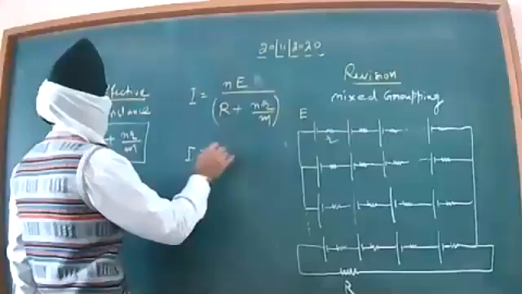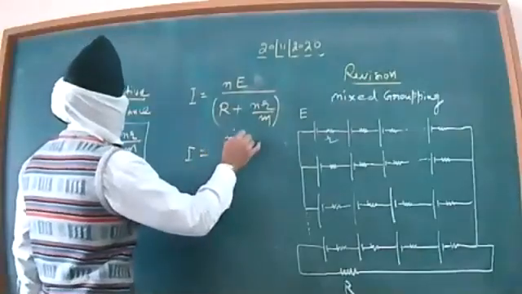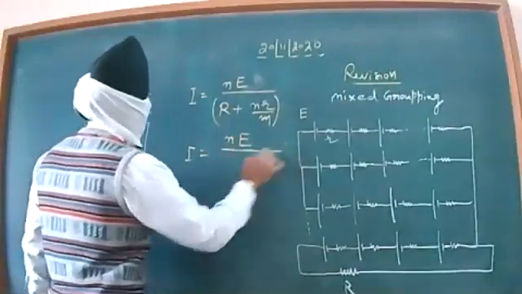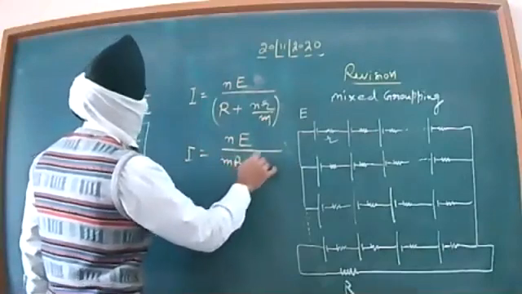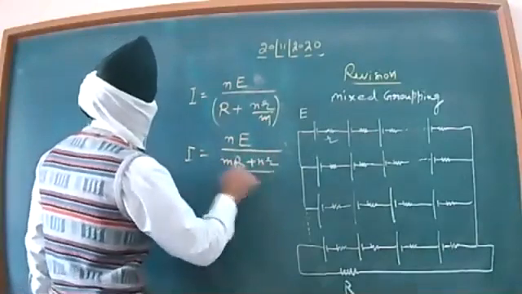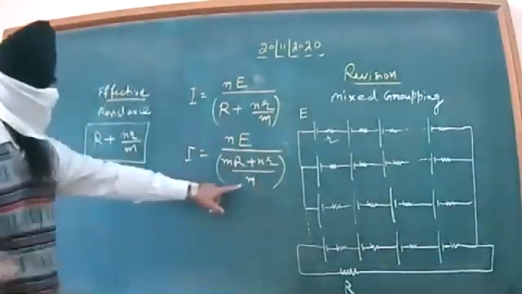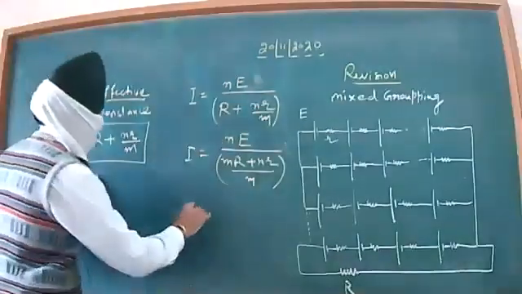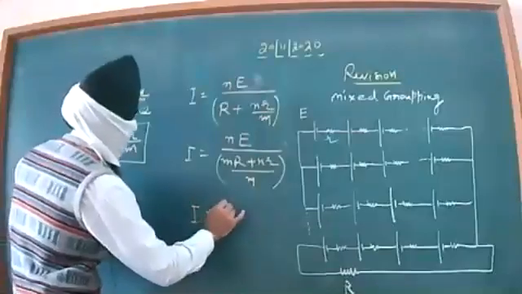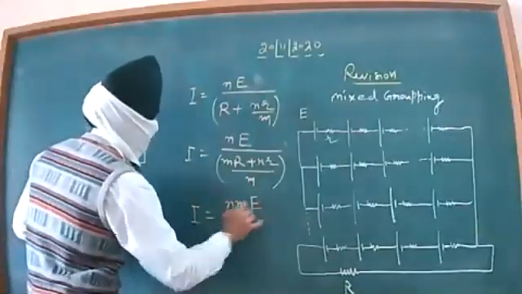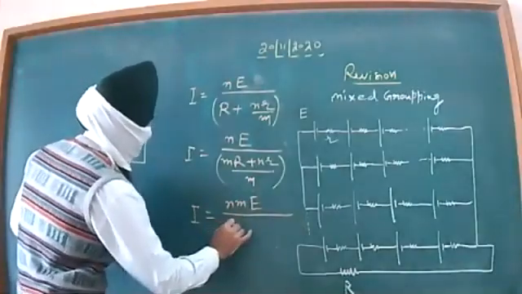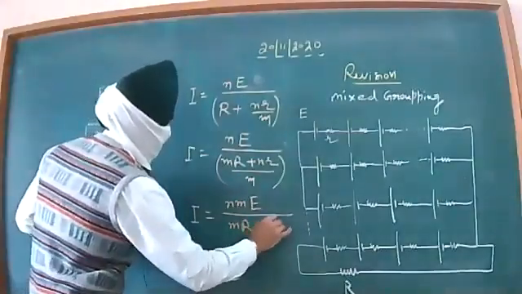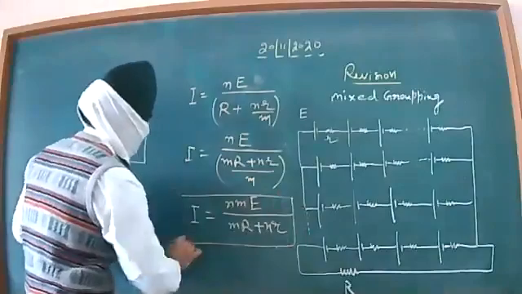I will have I equal to nE divided by (mR plus nr) divided by small m. This small m can be shifted to the numerator, and I get the electric current as n into m into E divided by m into capital R plus n into small r.